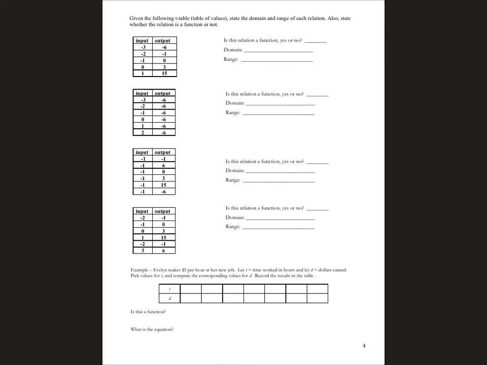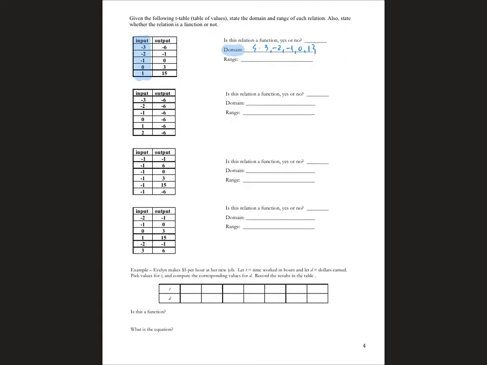So, here you've been given some tables. What you're to do for each of these is look at your table of values, state the domain, state the range, and then determine whether or not it's a function, and why not. So, domain. If I'm looking at my domain values, I'm looking at my input values. What are they? -3, -2, -1, 0, 1.